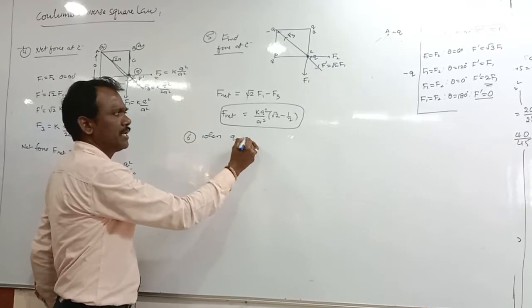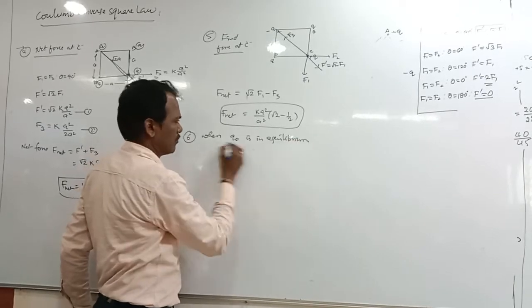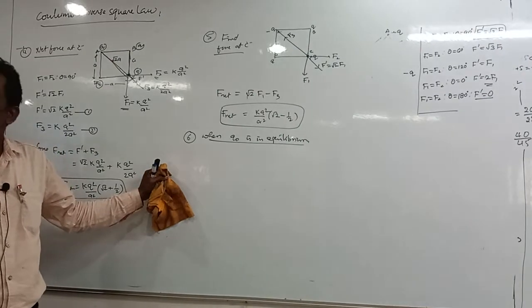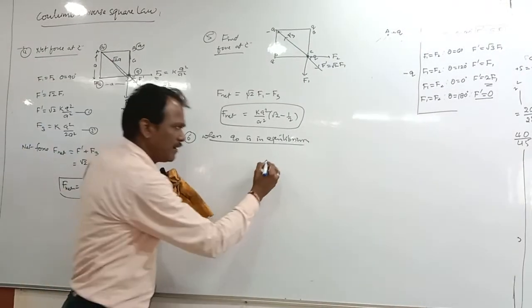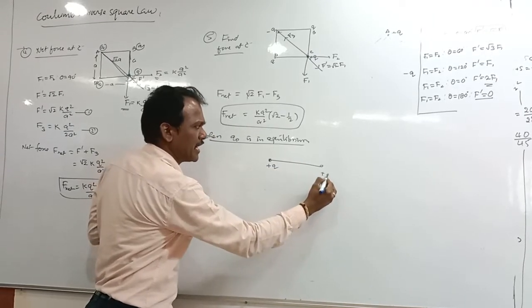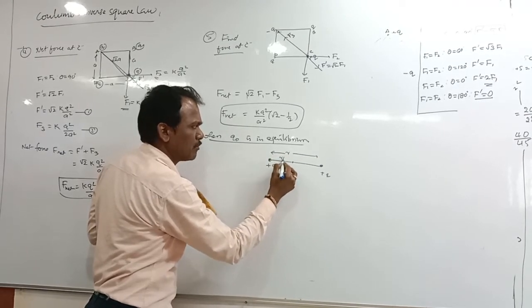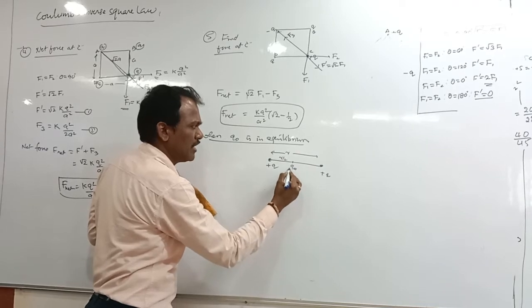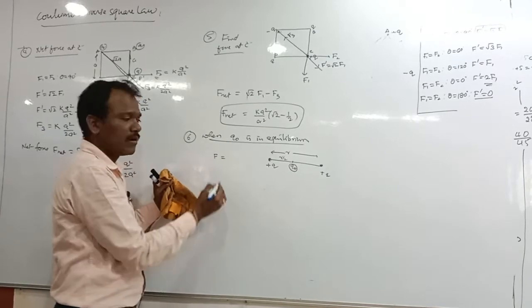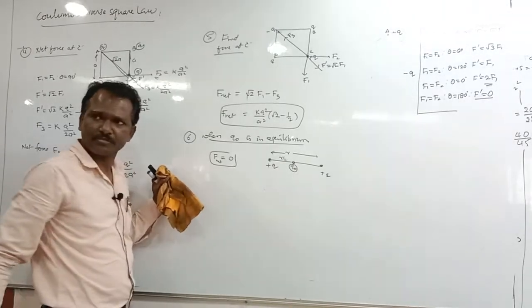So when Q naught is in equilibrium, see here, what the forces are, the resultant force will be 0 when, what the cases are there. If equal charges are taken which are separated r distance, at r by 2 distance I am taking the q naught, whether it is plus or minus, the net force on that is equal to 0.